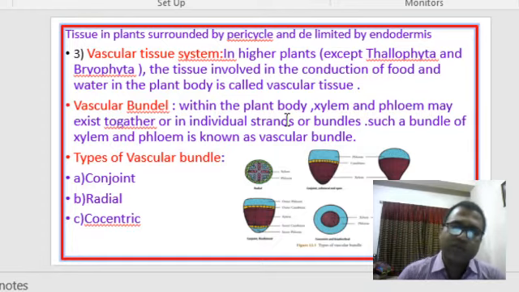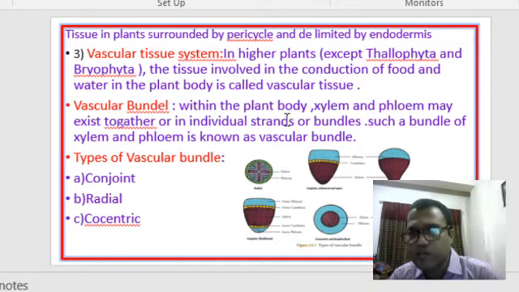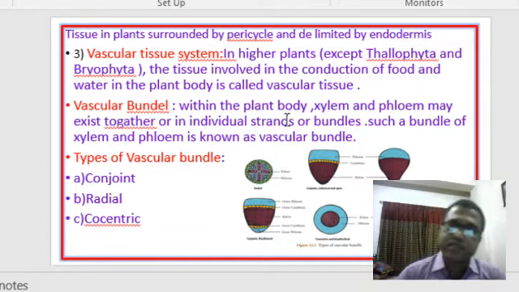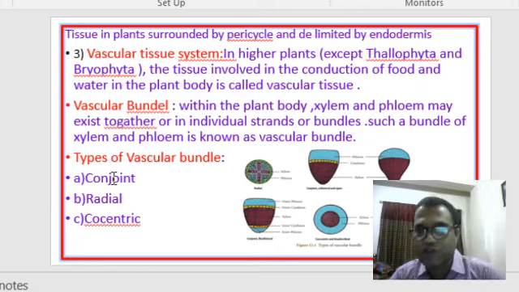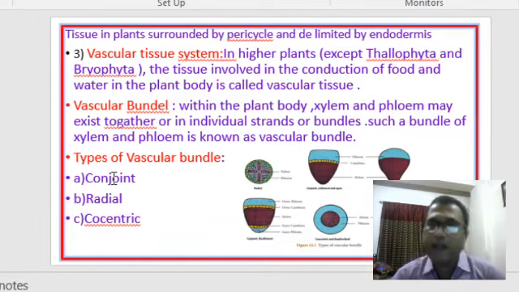Basically, this vascular bundle is divided into three. First one is conjoined. What is conjoined vascular bundle? The vascular bundle which is produced by xylem and phloem together is known as conjoined vascular bundle. This conjoined vascular bundle is basically found in stem, and it is of two types: collateral and bicollateral.